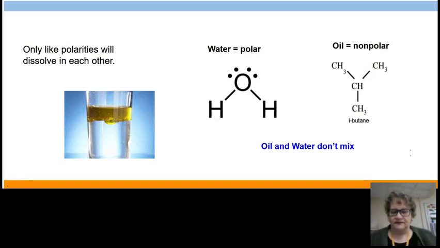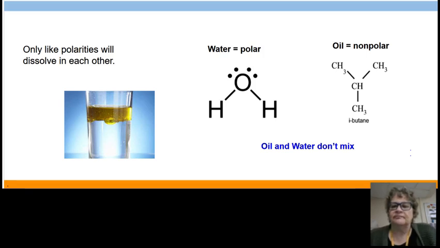One way to tell if a substance is polar or nonpolar: only substances of like polarity will dissolve in each other. So oil and water, right? They don't have the same polarity. So this is water. Water is polar.